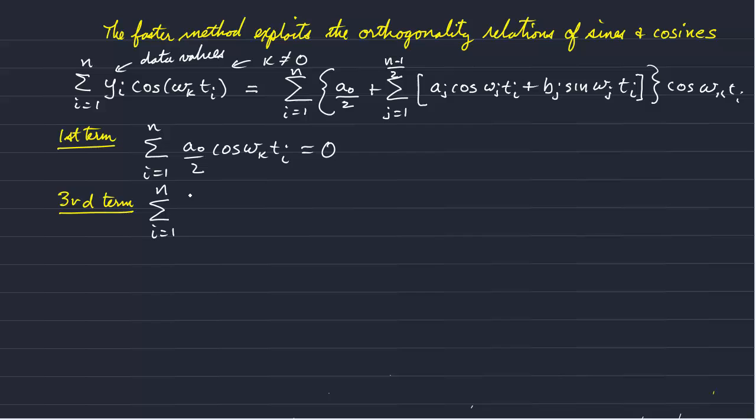And our third term, again, we're summing over our full record length, and we have a sum over each of our harmonics of bj sine omega j ti times our kth harmonic function.